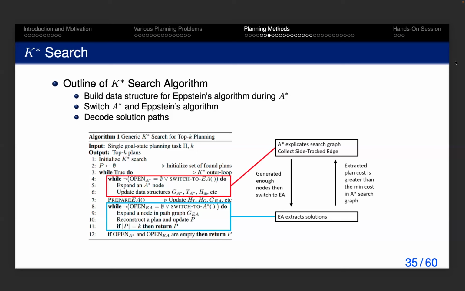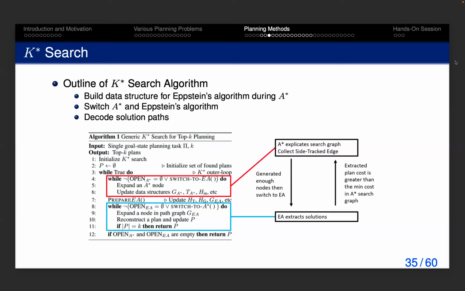If it's a top-K planning problem and you were able to decode enough plans, then you are done. But if not enough, then you have to go back to A-star and explore more search space to collect more sidetrack edges, and explore nodes to construct suboptimal paths and so on. That's the very high-level overview.